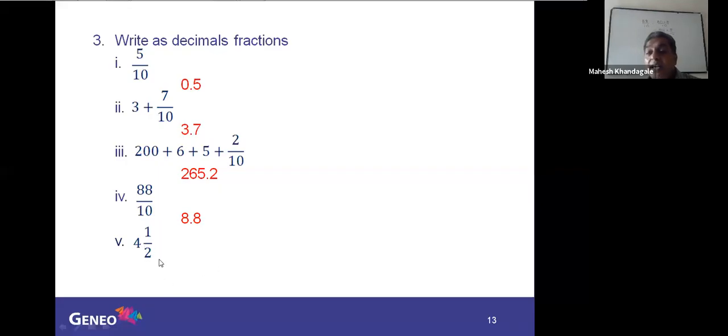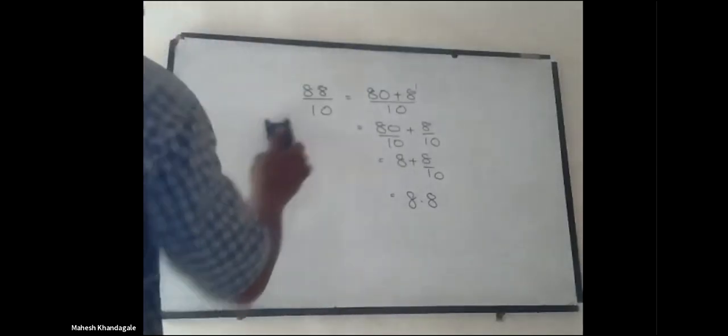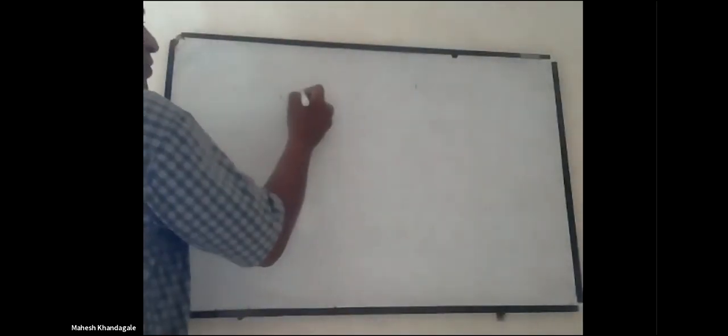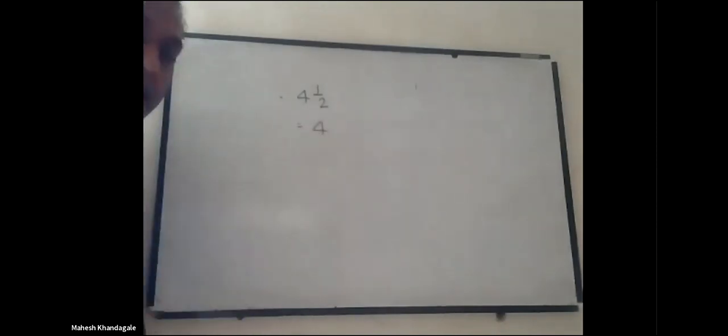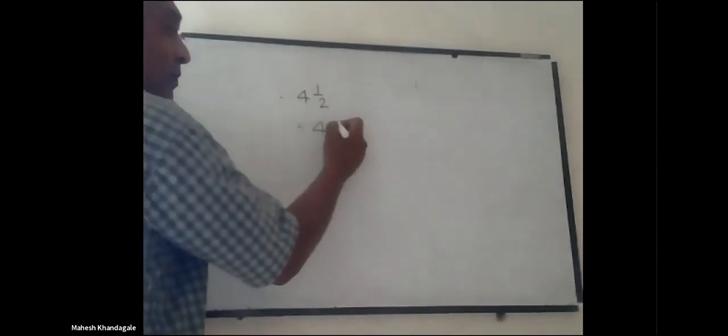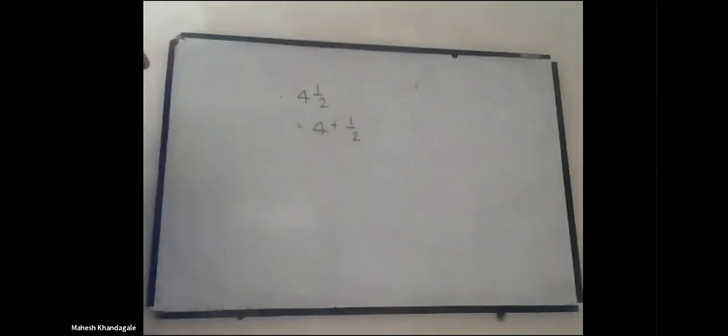Similarly, now this is directly 4 integer 1 by 2. So 4 integer 1 by 2, I can write in decimal as 4, ये units digit हुआ, plus your fractional part.